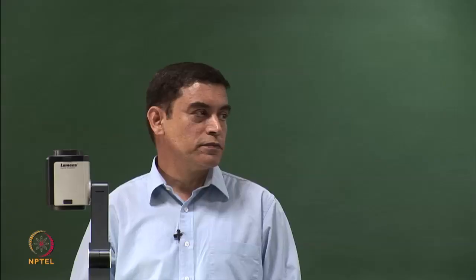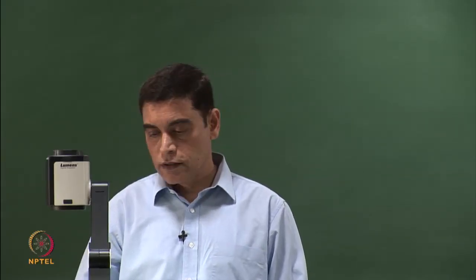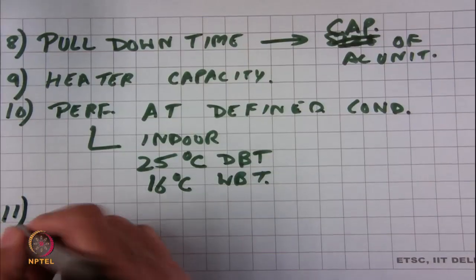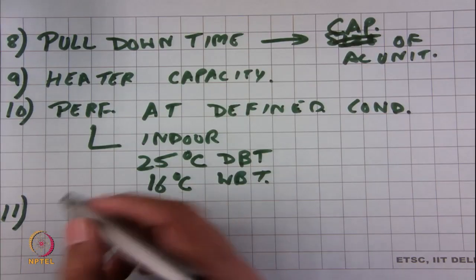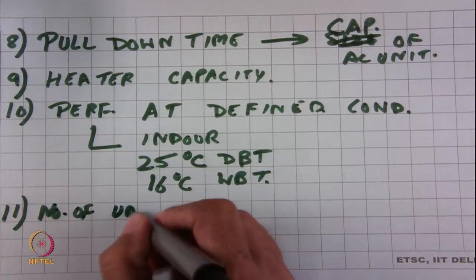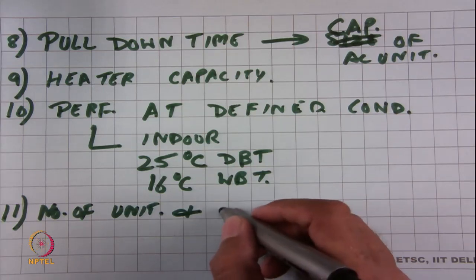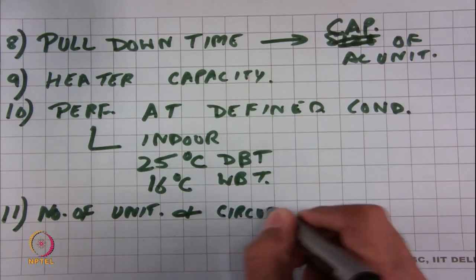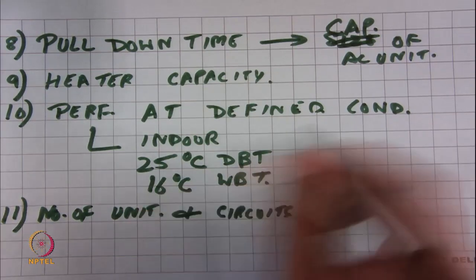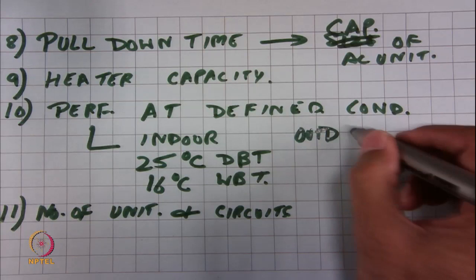In every coach, there are 2 roof mounted package units. But in the requirement definition stage, we will also need to say how many units and what level of redundancy, so number of units and circuits, and I will explain a little more on the circuits. On the performance side, we have indoor conditions and outdoor conditions.